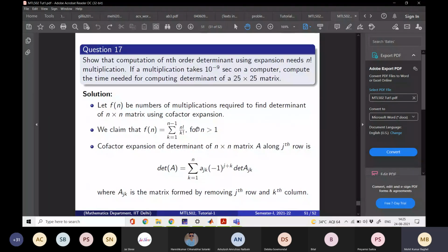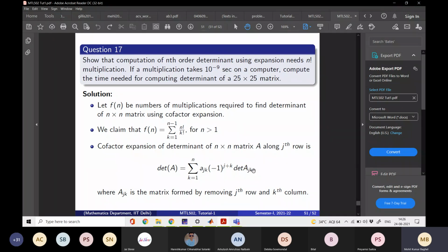Maybe you have seen this at your undergraduate level. You can represent the determinant of A as the summation of a jk times minus 1 to the power j plus k times the determinant of A jk.